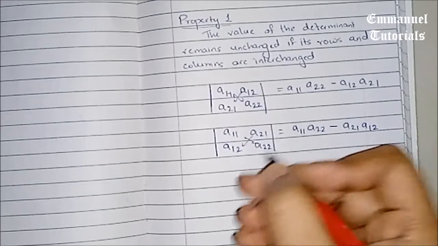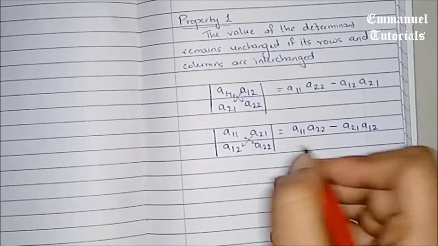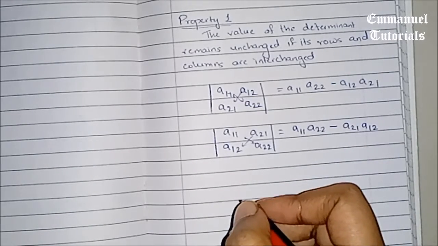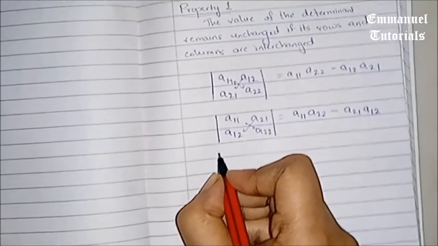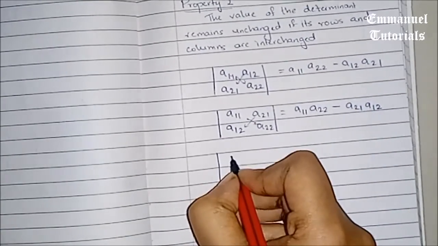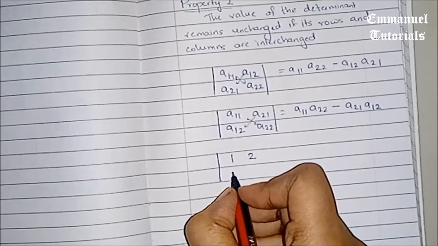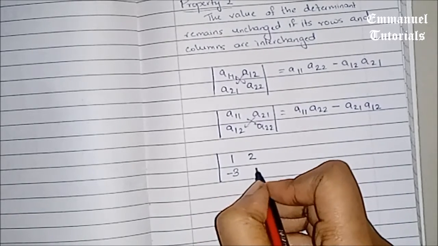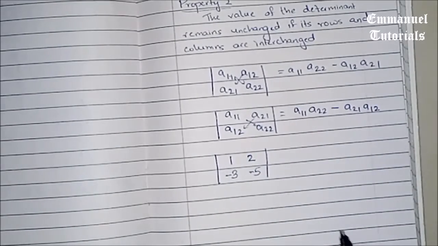Now we will try to solve an example for 2 cross 2 and 3 cross 3 using this and try to prove this property. So let's take 1, 2, minus 3, minus 5 as the determinant.